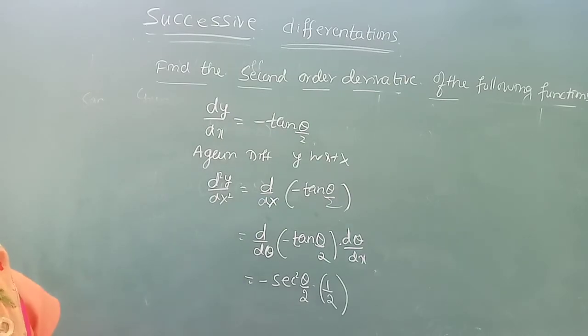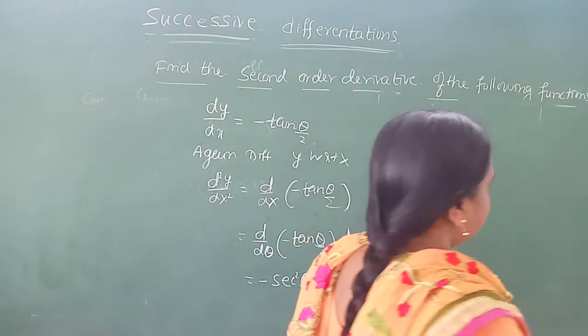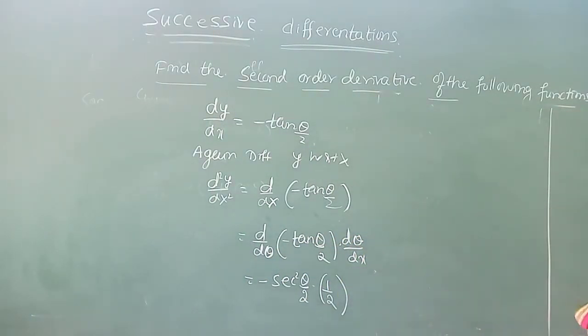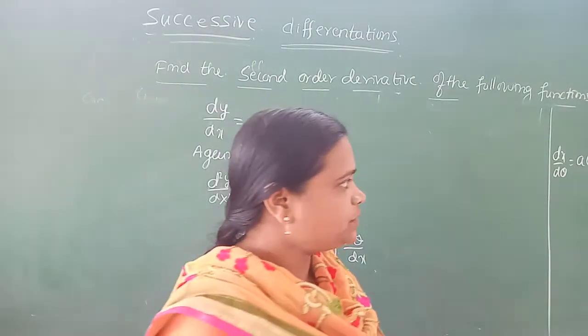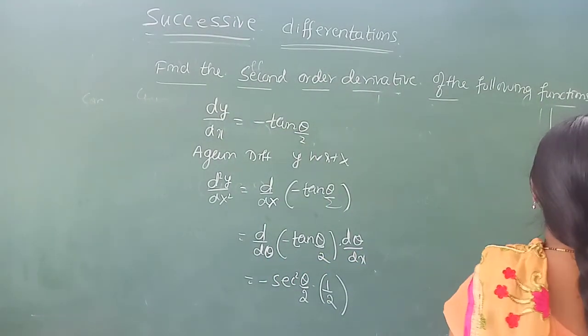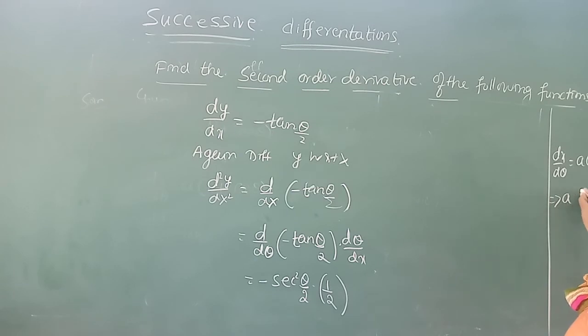Next, we know that dx by d theta we already calculated. dx by d theta, that is a into 1 plus cos theta. Already we calculated dx by d theta is a into 1 plus cos theta, which means a into 2 cos square theta by 2.